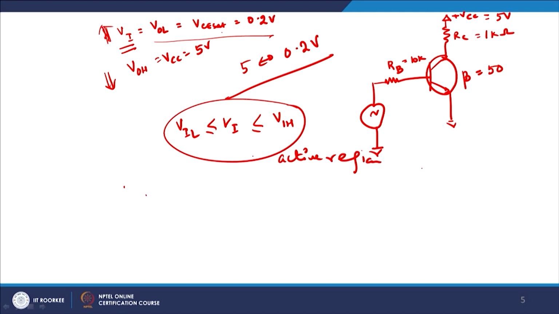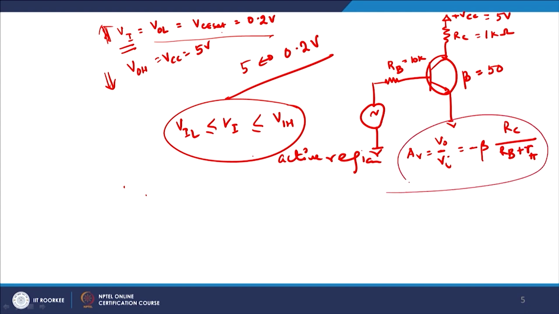In the active region I can safely write AV equals V0 by Vi, output voltage by input voltage, which is minus beta times RC by RB plus r pi. We will discuss this time and again, but you can understand beta is the ratio of the collector current to the base current. Beta is equal to IC by IB.